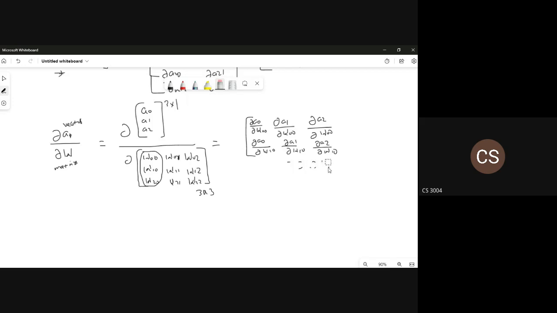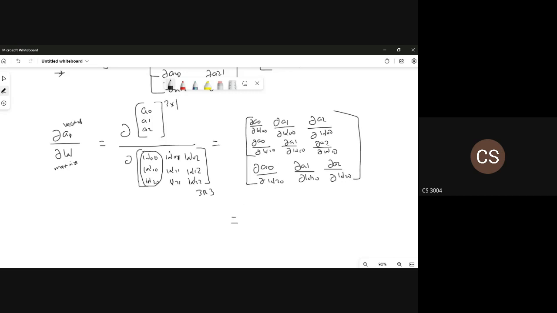Either way, backprop, you can follow whatever approach you want, but this is also fine. The third row is going to be dou A0 by dou W20, dou A1 by dou W20, and dou A2 by dou W20. Okay.